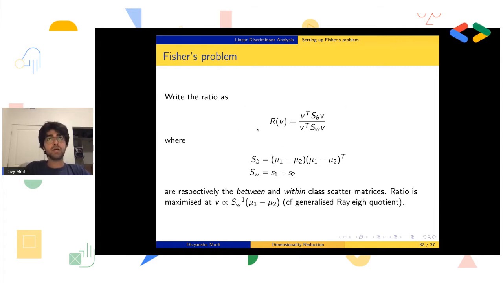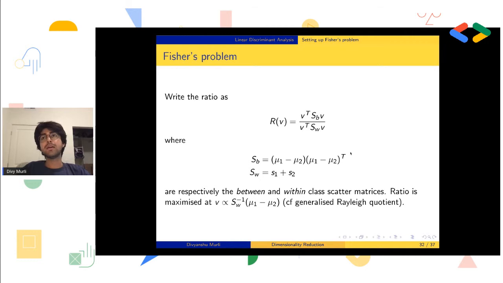This ratio is called the generalized Rayleigh quotient, and that is related to the generalized eigenvalue problem, which I thought of talking about here, but decided not to put on these slides. If you're interested, look up the generalized Rayleigh quotient and the generalized eigenvalue problem.